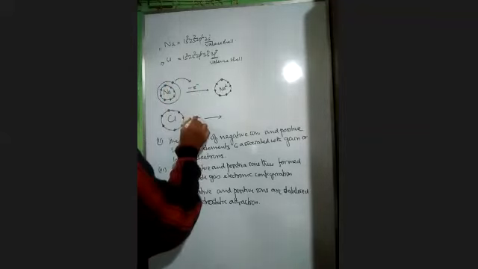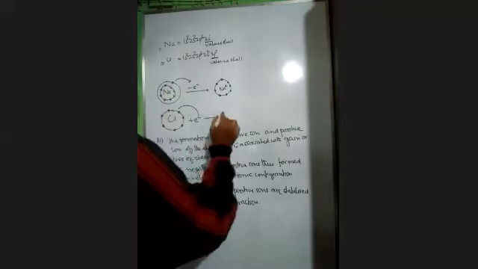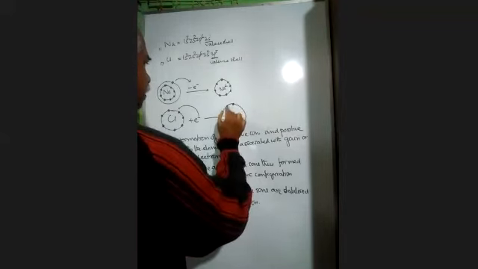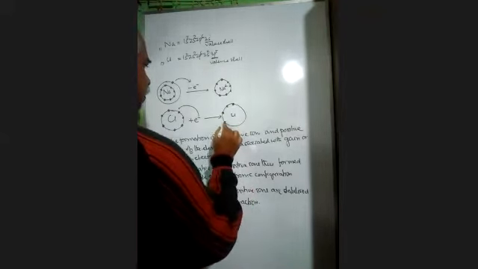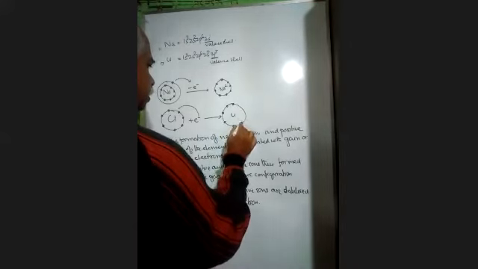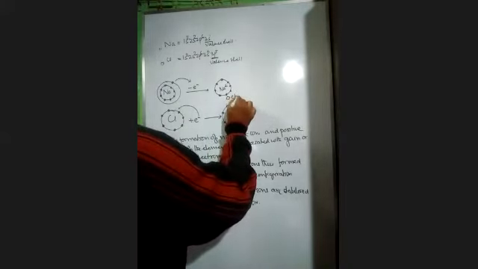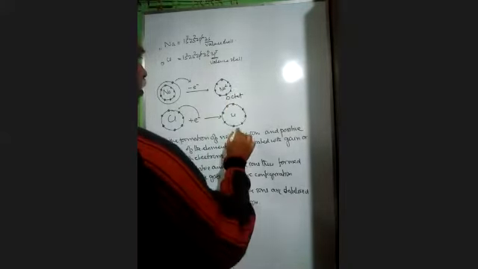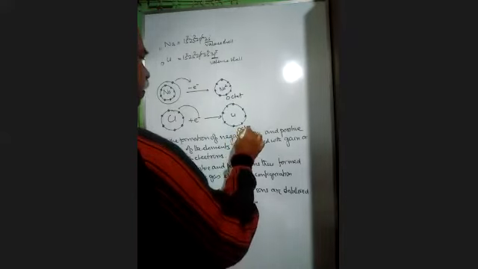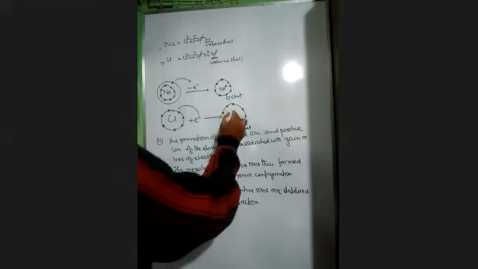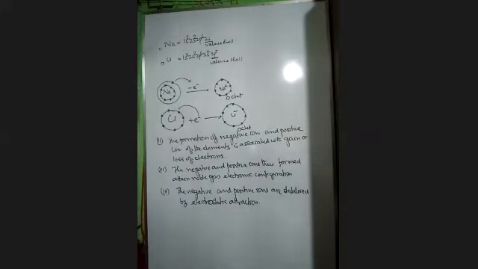So it has lost and this is going to gain. So this has attained octet. This also attained octet. Right, here Cl.